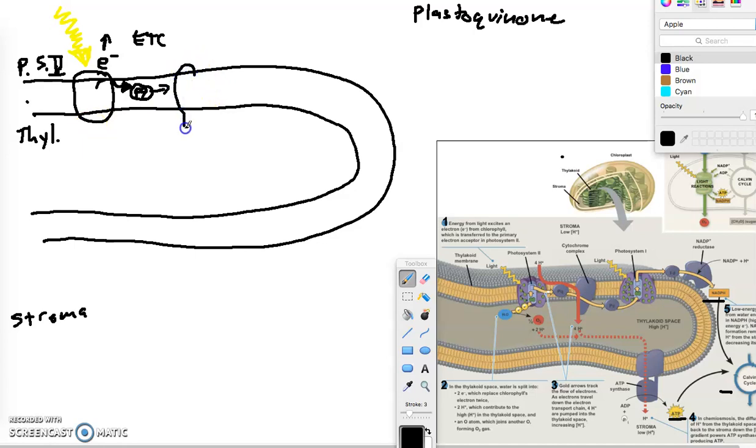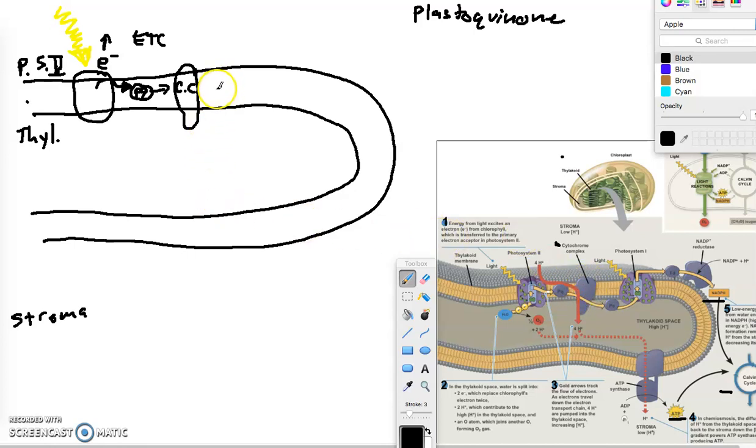And that's a big complex right here. I'm just going to write CC, cytochrome complex. And again, that's right here. Okay, so here, we're following this image too. Light hits it, excites that electron to a higher energy state, and then we're going to pass along this electron to plastoquinone and then cytochrome complex.